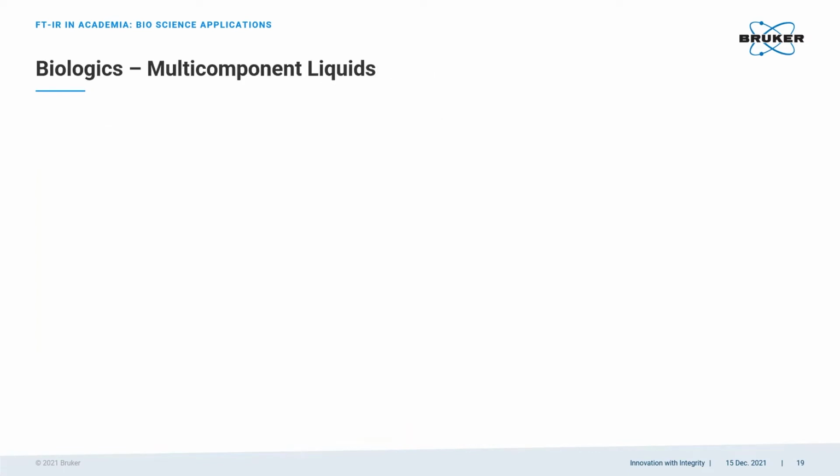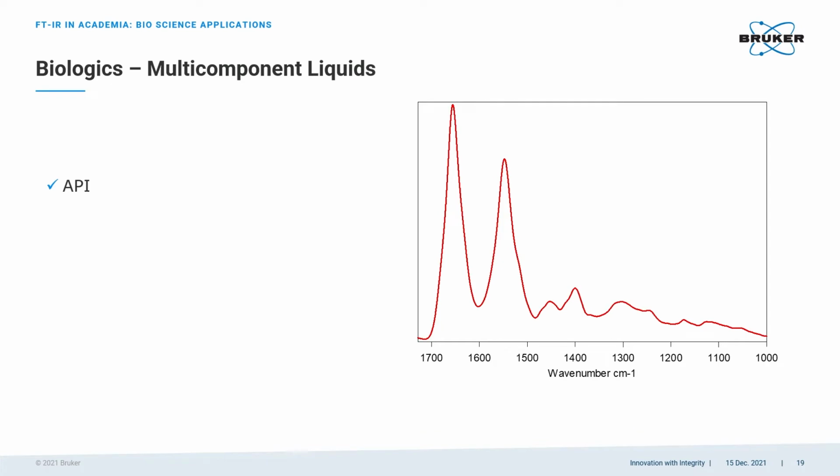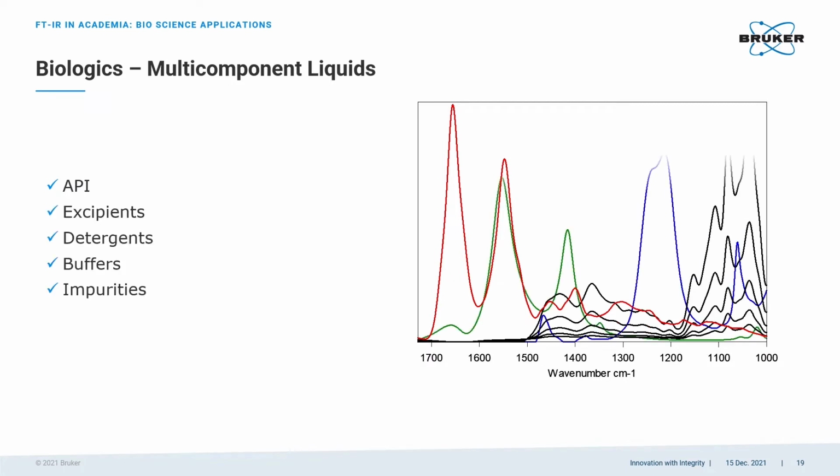So far, the applications that have been shown in this webinar always were focused on the analysis of a single substance or component of the sample. But IR can also be utilized for multi-component analysis in samples such as biologics. Here we see, of course, the active pharmaceutical ingredient, the protein, but next to it also the excipients, detergents, buffers and possible impurities that are present in a certain formulation contribute to the IR spectrum.